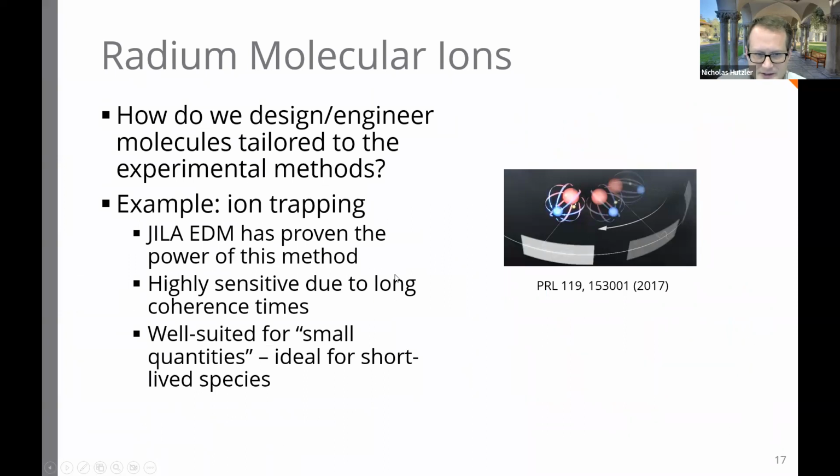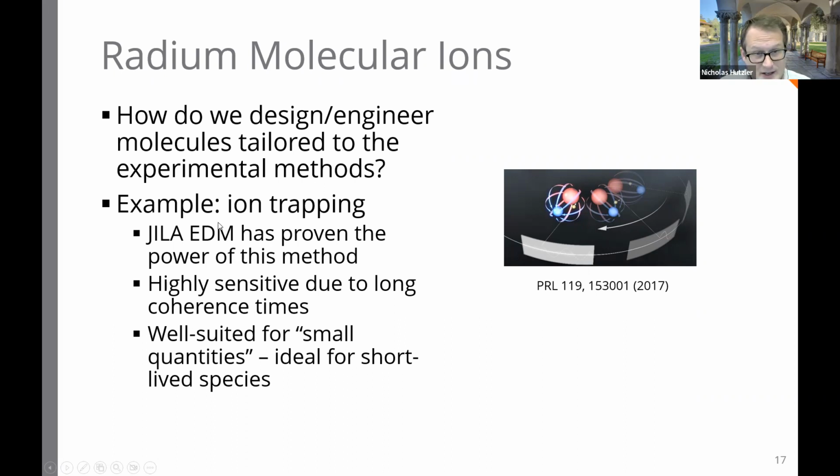I'll say a couple things you could do with it, and then I'll wrap up since I'm approaching the hour. Let's say you want to do an experiment with radium, and let's say you wanted to do an ion trapping experiment. Why would you do an ion trapping experiment?